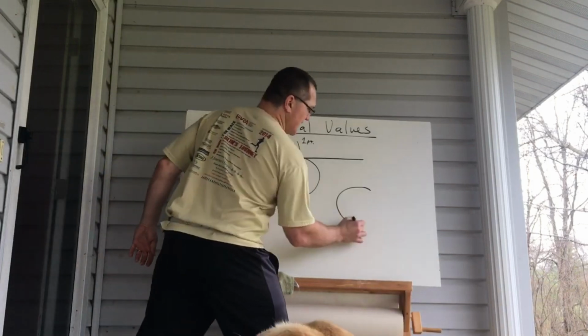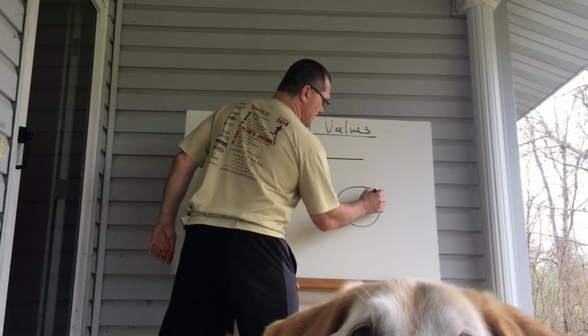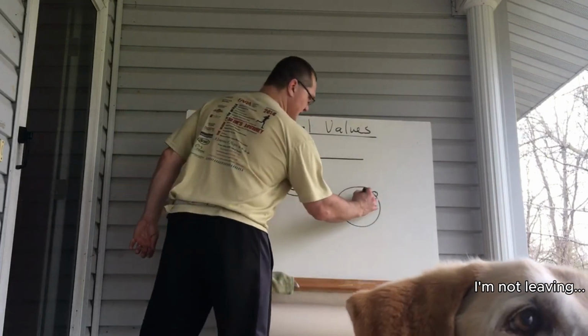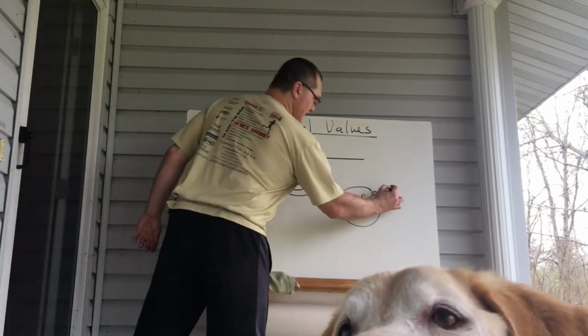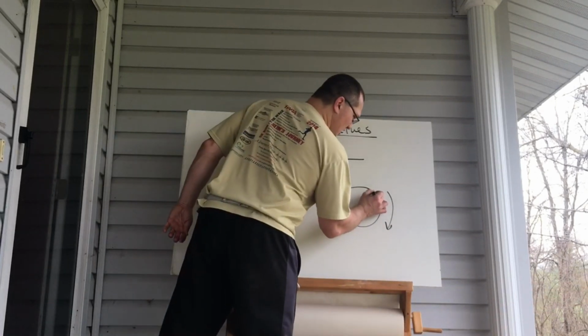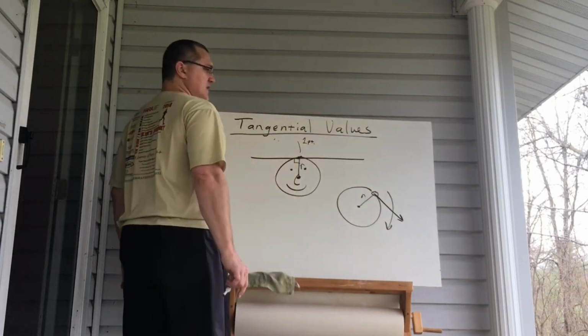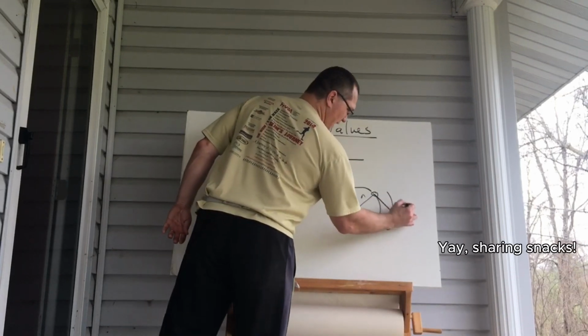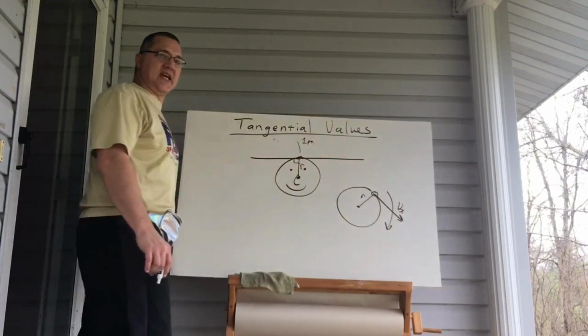If you have a ball on a string, for example, and this is the radius of the string, and this is rotating in that direction, your tangential velocity is always at 90 degrees to the radius of the circle, and I'm going to call that V sub t, the tangential velocity.